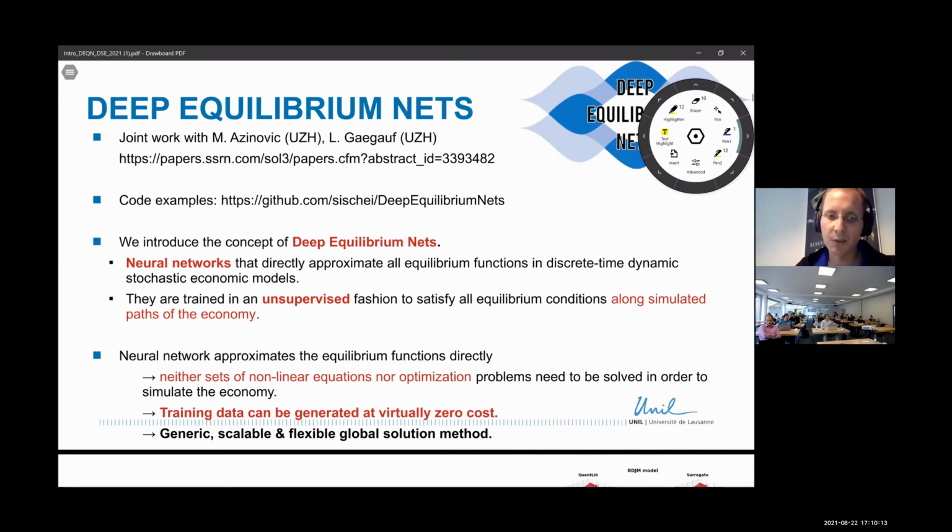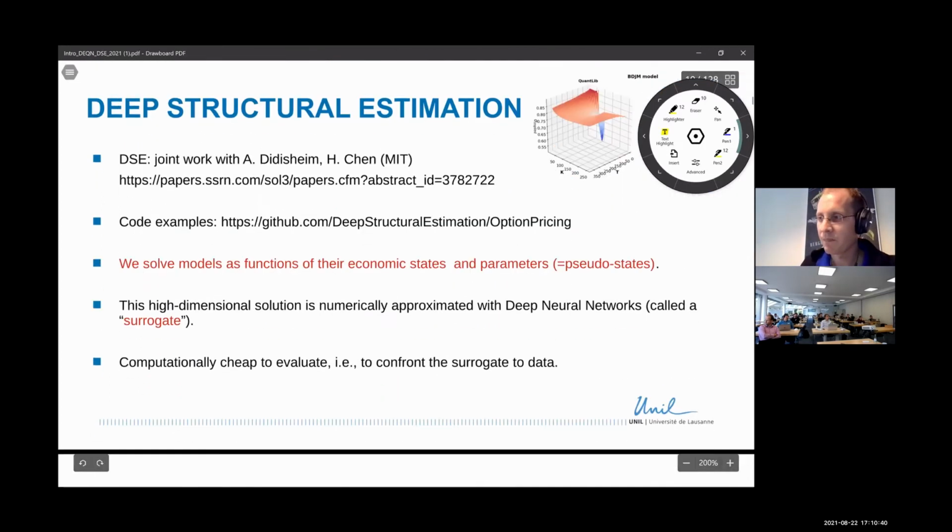So the training data, as you will see in a moment, can be generated just via simulation. So we don't need to invoke a nonlinear solver, but rather we just simulate the model, and then we use stochastic gradient descent to update the guess for our policies until convergence. So this is what I will hopefully convey to you in a moment.